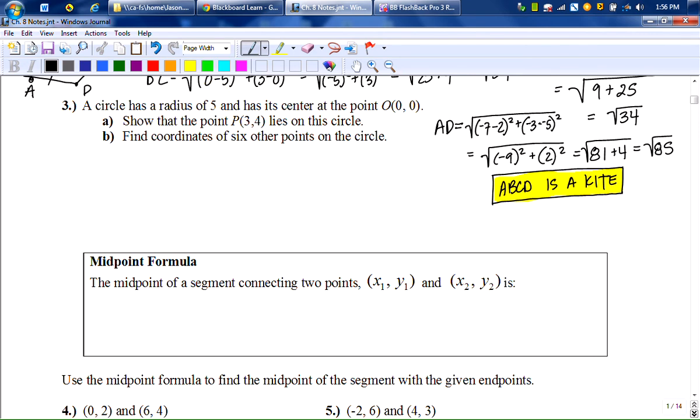Number 3. A circle has a radius of 5 and its center at the point O at 0, 0, the origin. So we'll just kind of sketch this. There's the origin. Here is where the radius would hit on the axes.